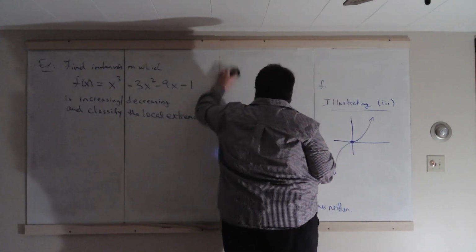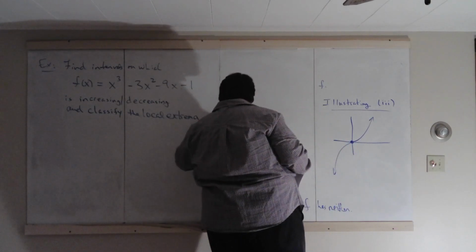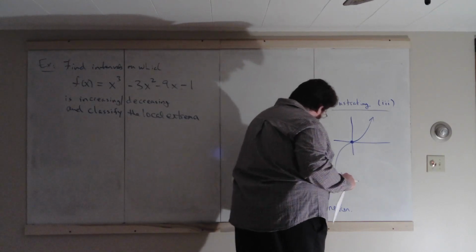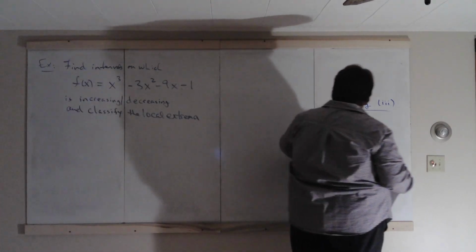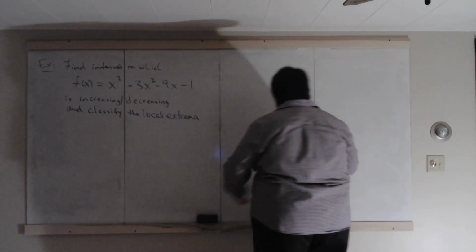So with this first derivative test, what we have to do first is find the derivative and find where the derivative is positive and find where the derivative is negative. And to do that, it will be helpful to find where the derivative is 0. So let's do that. I'm going to do it over here.